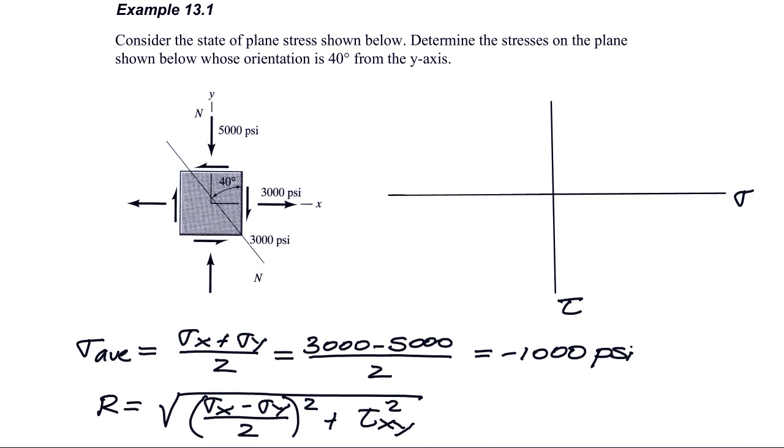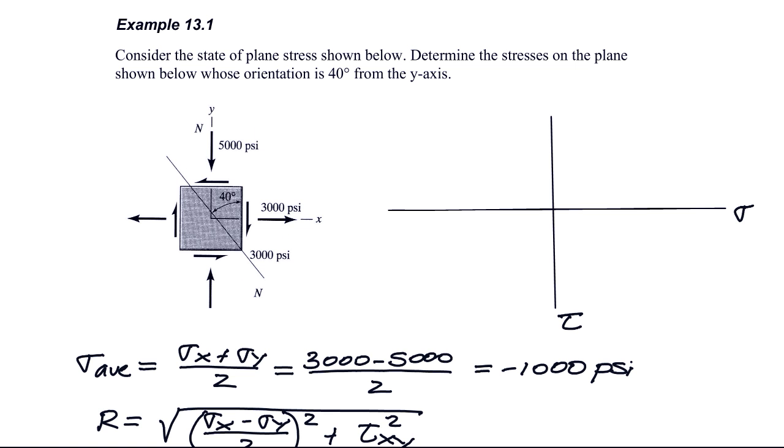I'm going to draw it on the axes that's shown here. I know that I want my center of the circle to be here at minus 1,000, and I know that the far extreme on the left side is going to be at minus 6,000, so let me tick this off. 2, 3, 4, 5, 6. So the left edge of my Mohr circle needs to pass through that tick mark there on the left hand side.